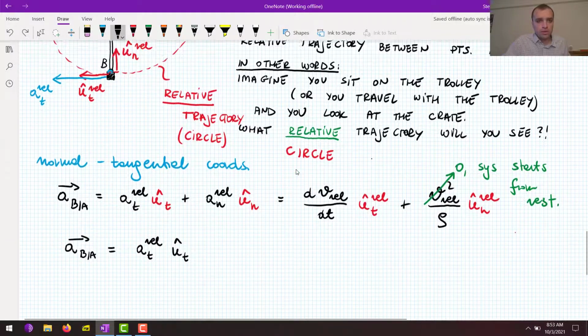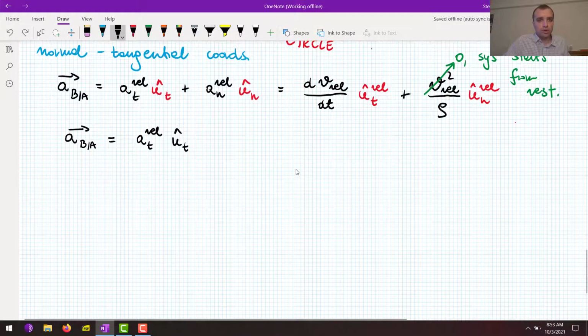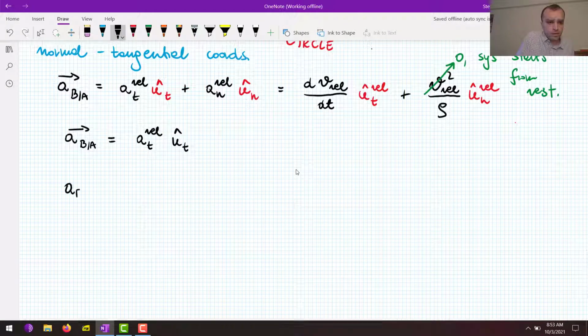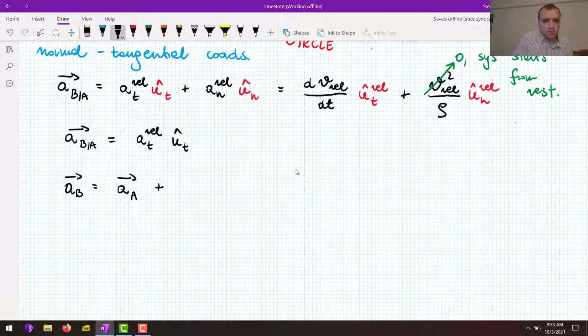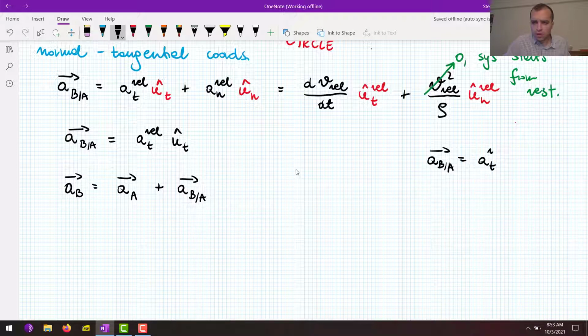So let me write down the equation of relative motion. A_B is equal to A_A plus A_B/A, and right now we found A_B/A: it is equal to a_t rel u_t.